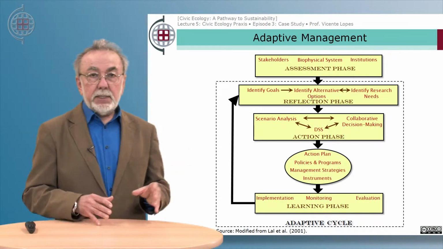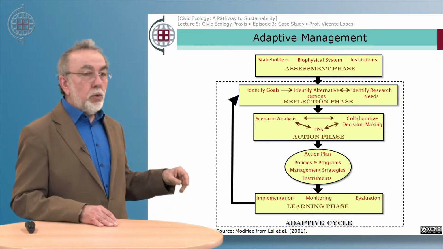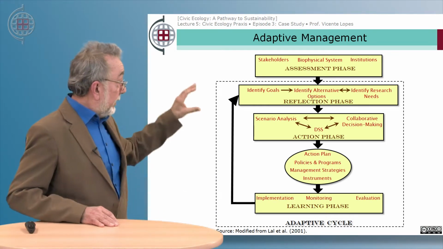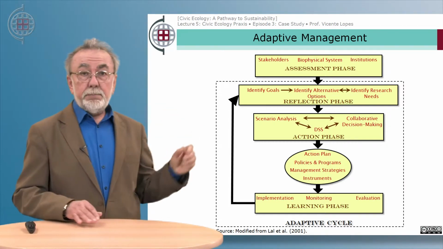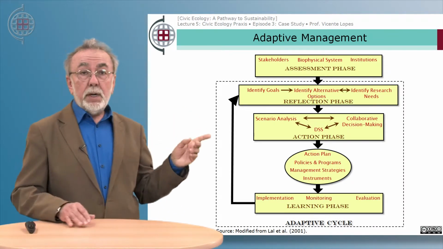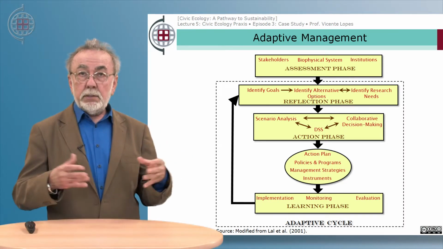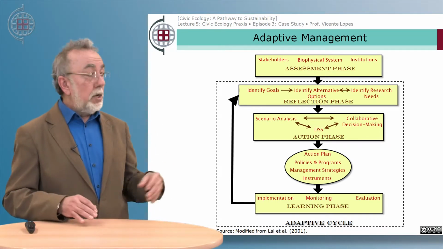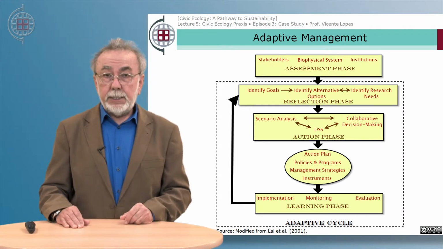This figure here is a graphical attempt to show you the entire civic ecology project with the 4 phases and respective subphases. At the top here, we have the assessment phase, and as I mentioned before, the main activities that took place during this assessment phase were stakeholder identification, assessment of the watershed's biophysical conditions, and also an assessment of all state and federal agencies involved in the process.